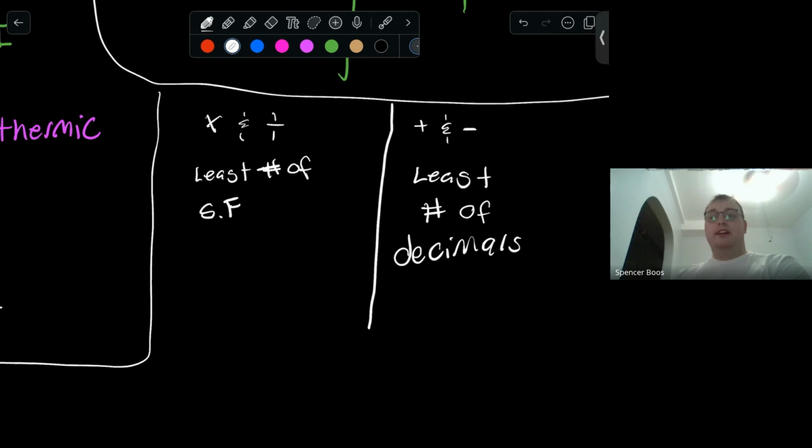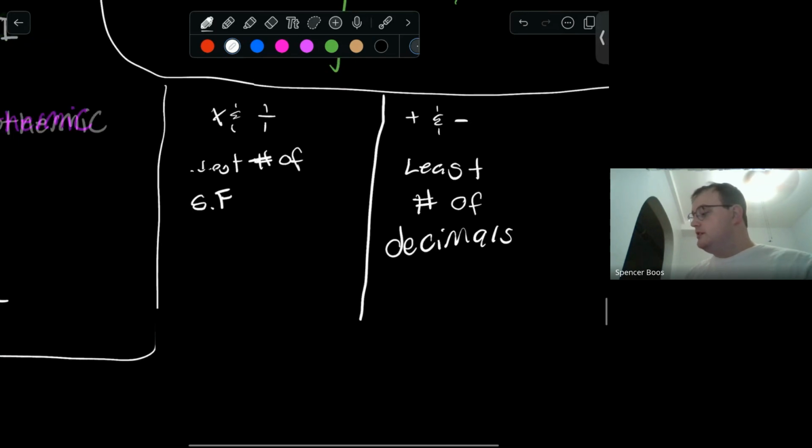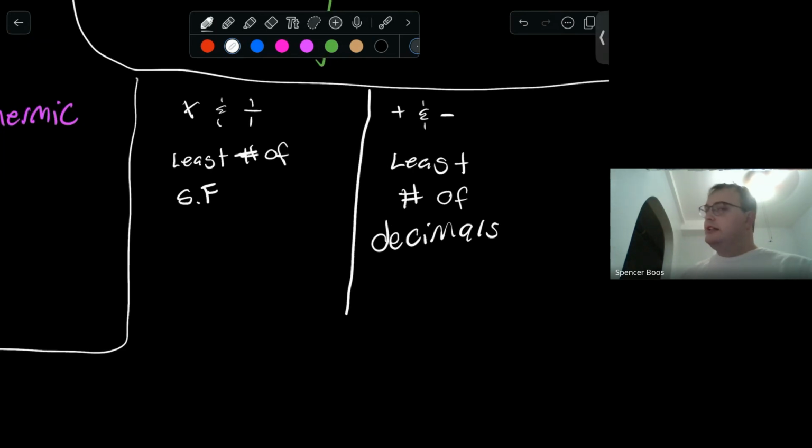Now, that is important because the only time we've seen this really come up is when we're doing these heat calculations. So whenever I'm doing these heat calculations, I like to do our delta T first.